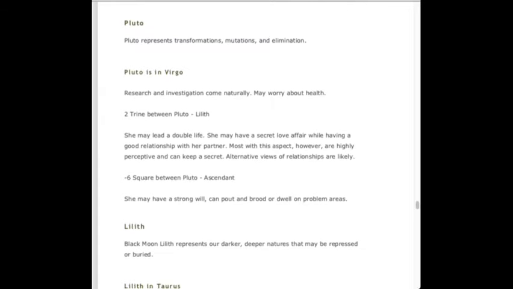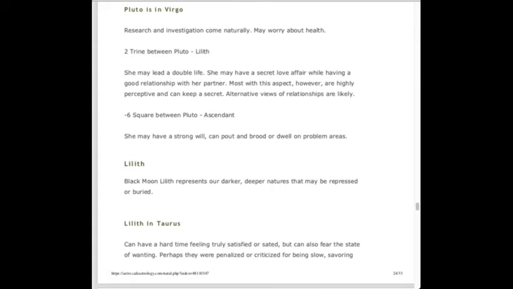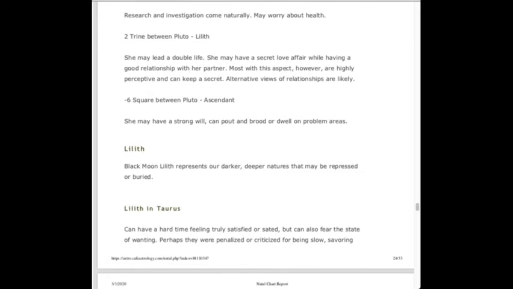So we're just gonna... What is Lilith? Lilith is Black Moon. Lilith represents our darker, deeper natures that may be repressed or buried. Lilith is in Taurus. Can have a hard time feeling truly satisfied or sated, but can also appear in the state of wanting.